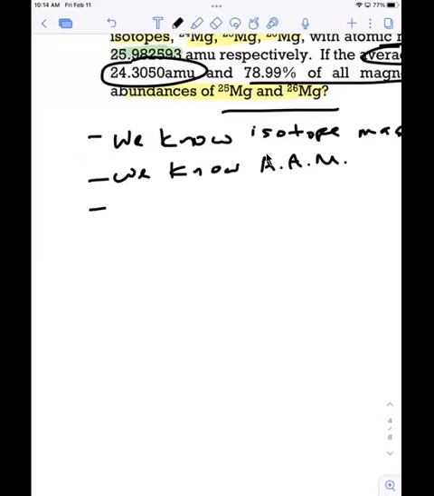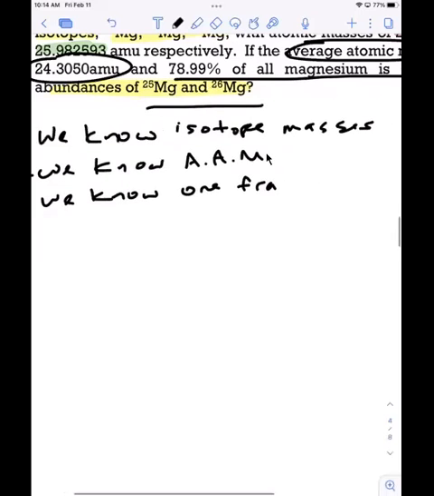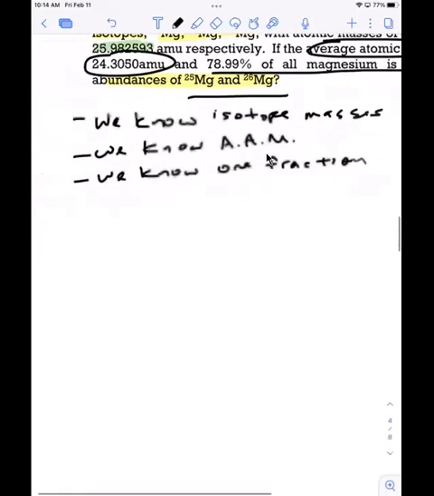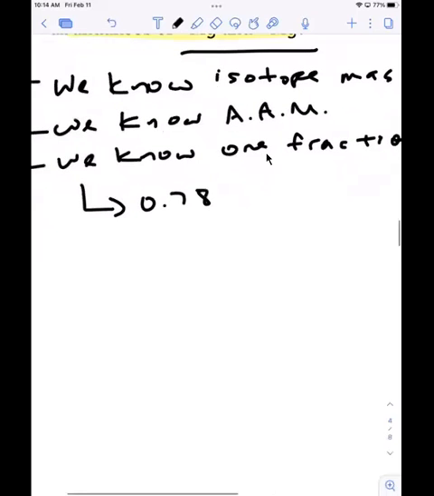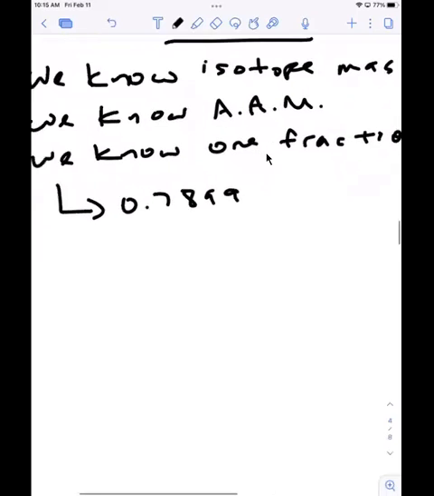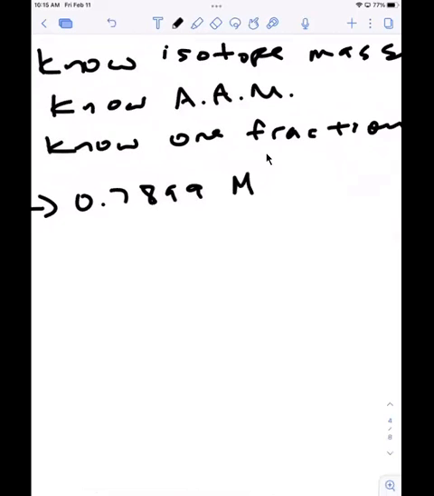And we know one fraction. All right. So we know that one fraction is 0.7899 for magnesium 24. Is that right?